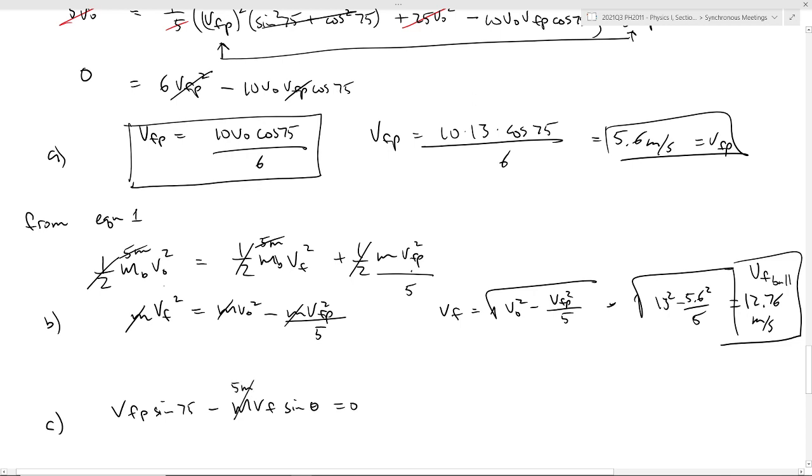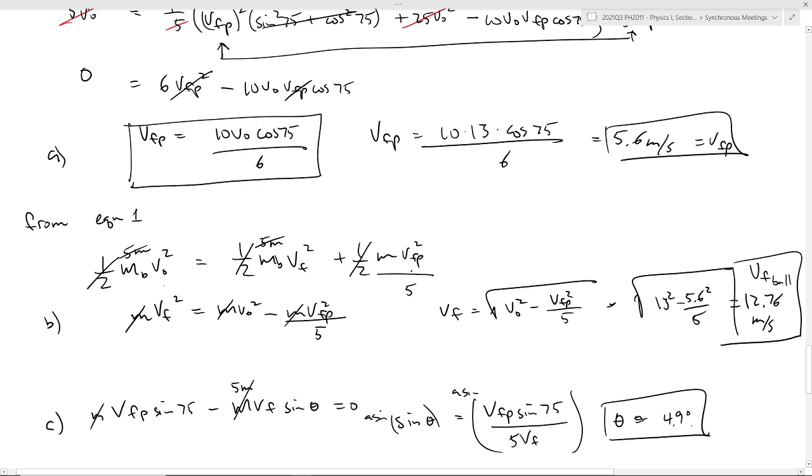That'll cancel out the mass, and then we would just solve this for theta. Sine theta is going to be v_f pin sine 75 divided by 5 v_f, and take an arc sine. We find that theta would be about 4.9 degrees.